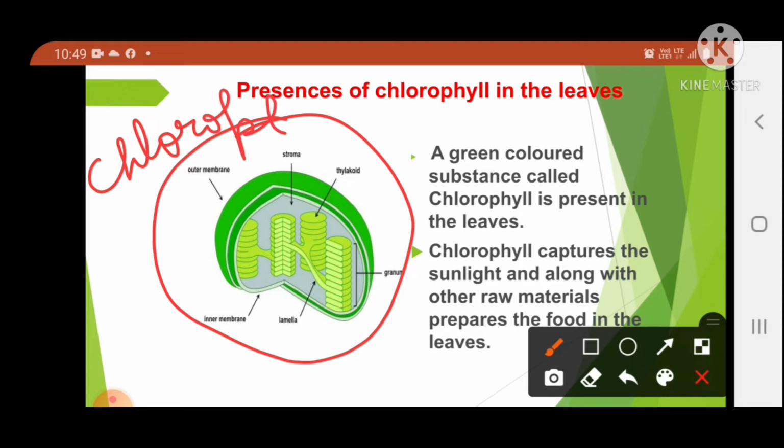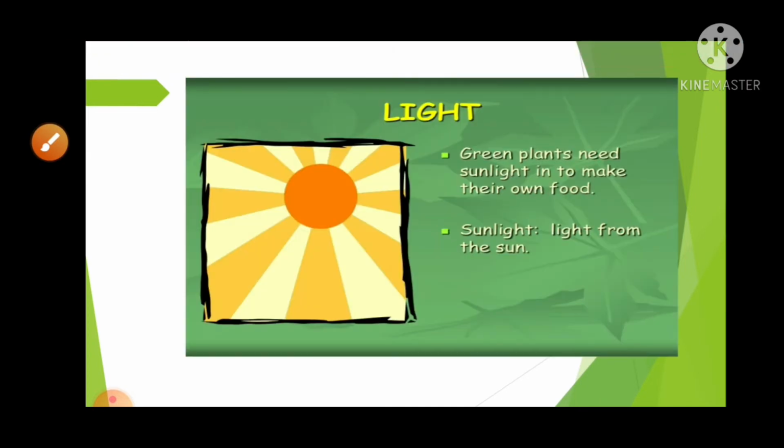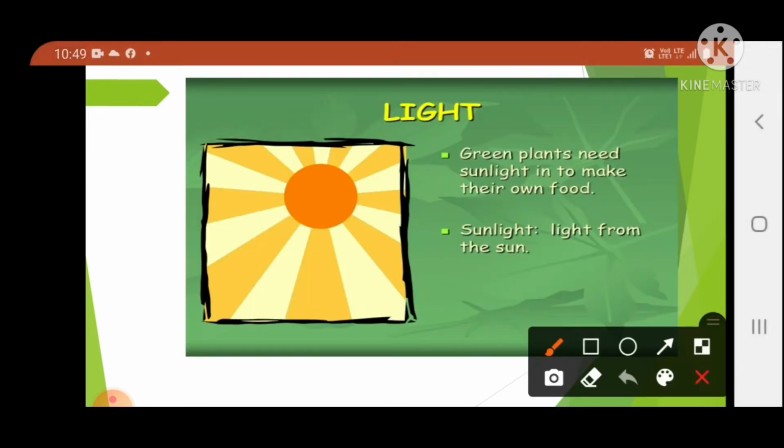It is a kind of cell which contains the green colored substance called chlorophyll. Chlorophyll captures the sunlight and, along with other raw materials, prepares the food in the leaves. The next important factor is light, which is provided by the sun. So green plants need sunlight to make their own food.